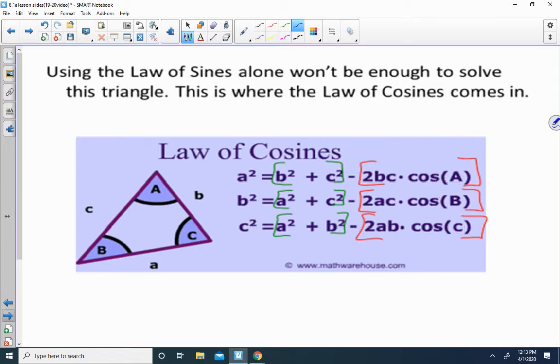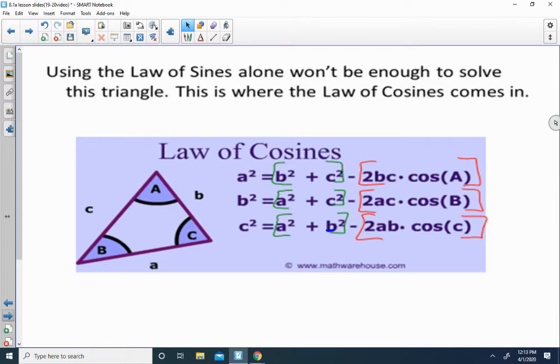And also, realize that whatever letter is out here, the other 2 letters will be in the formula. So if I have little b here, that means in the equation, I'm going to have to use the other 2, little a and little c. Same thing here. If the little c is on the outside, on the left, that means on the right, I'll have to use a and b. Basically, these 3 formulas mean the same thing.